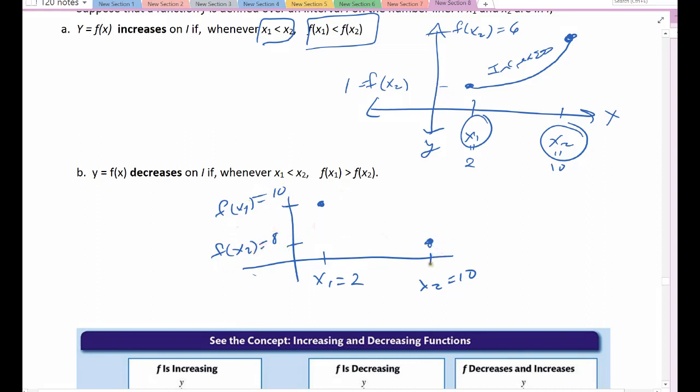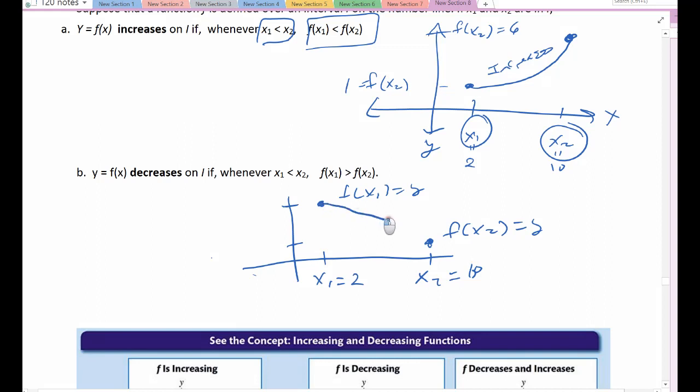So this would be f of x2, the y value, and this would be f of x1, the y value. When I plug in the bigger x value, I get out the smaller y value. Whenever that happens, I'm decreasing. My function's moving down, so I'm moving in a decreasing fashion between my two points.